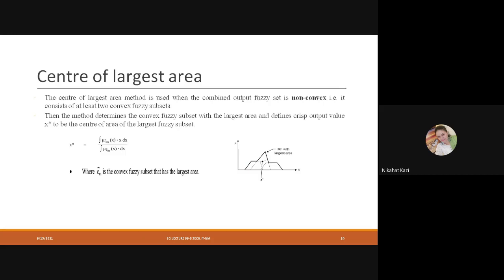So you divide it into convex regions and consider that particular MF which is having the largest area to find the center. You find the center of that MF which is having the largest area from among the convex fuzzy subsets. Okay. So this is center of largest area.